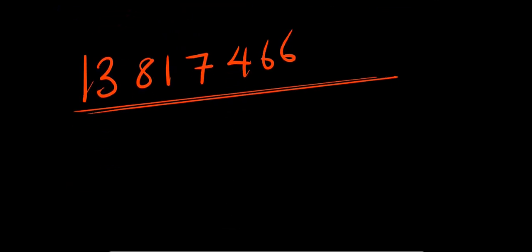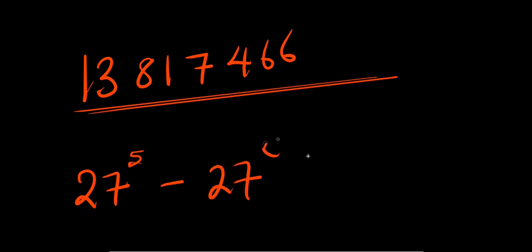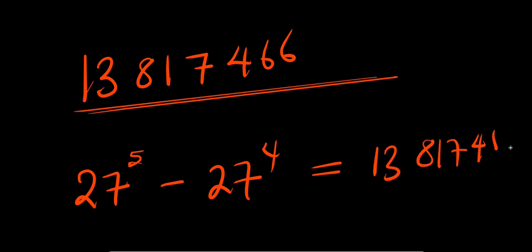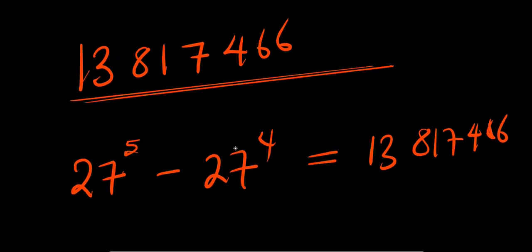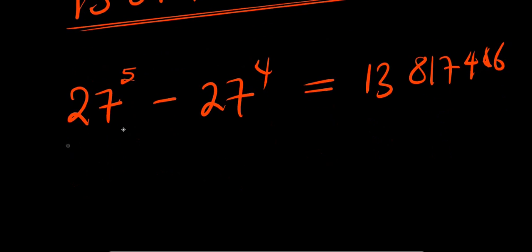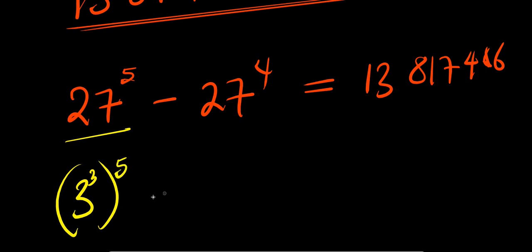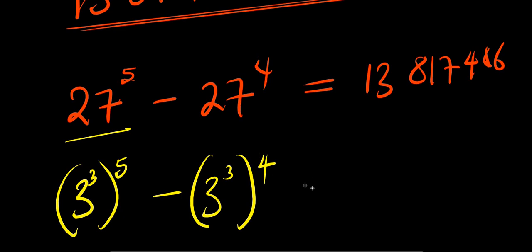This is our answer for 27 power 5 minus 27 power 4, which is 13,817,466. And remember, 27 is 3 power 3, so you have 3 power 3 to the 5, which is 3 power 15, minus 3 power 3 to the 4, which is 3 power 12.